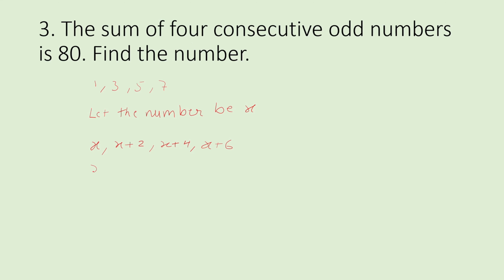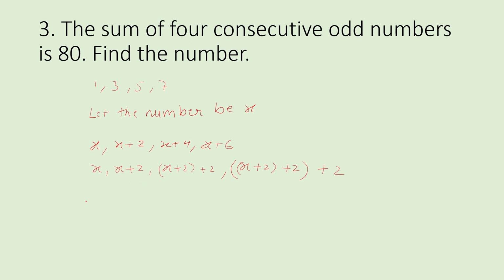Or we can say x, x plus 2, x plus 2 plus 2, x plus 2 plus 2 plus 2, right? Because the difference between two consecutive odd numbers is 2, right?